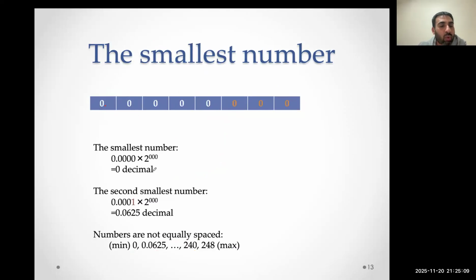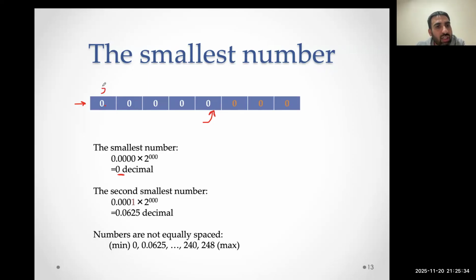So for example, what is the smallest number which you can represent using this template or 8-bit binary? When you set all the bits equal to 0, you get the smallest number, which is 0 in decimal, right? And what is the second smallest number? The second smallest number is when you set the bit with the smallest weight equal to 1, which is 0.0625.